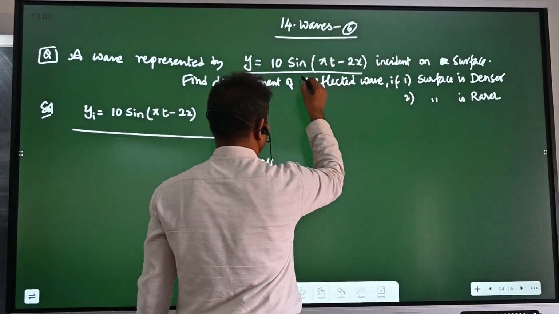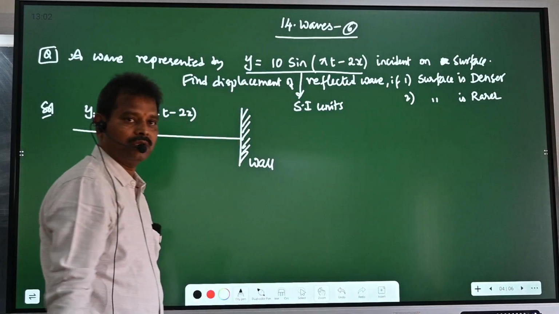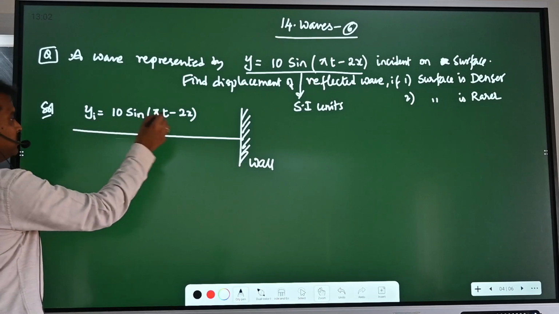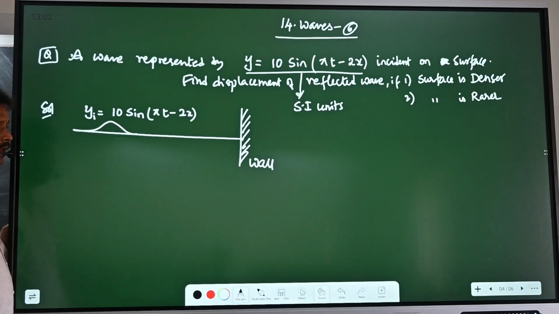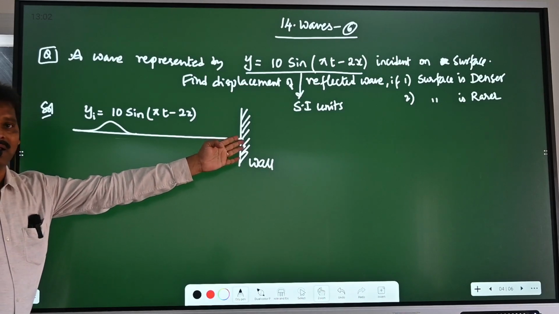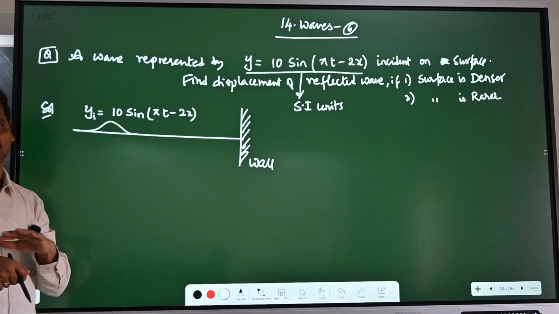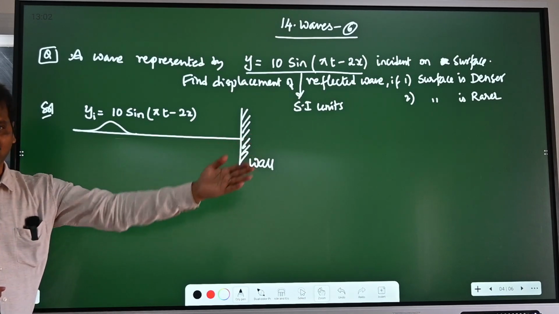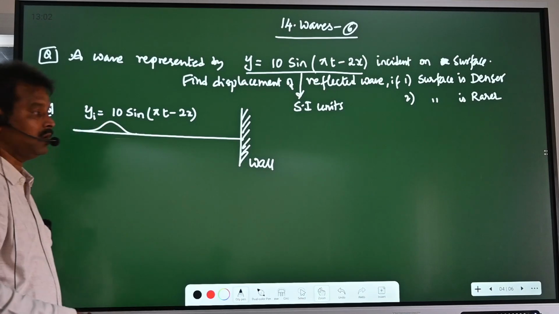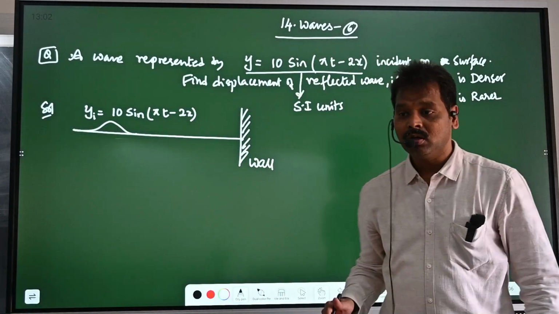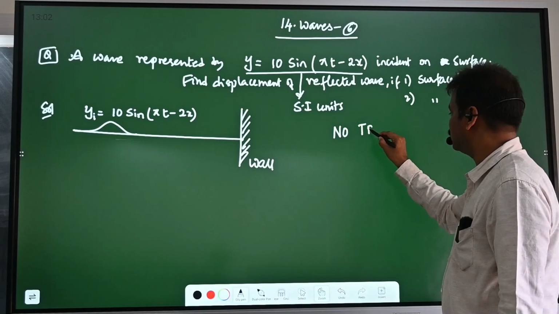All this data is in SI units. So this is the incident wave pulse traveling here. Nothing will enter into the wall. The wave pulse produced on the string will strike the wall and come back. It is not given in the question, but we can say there is no transmission.